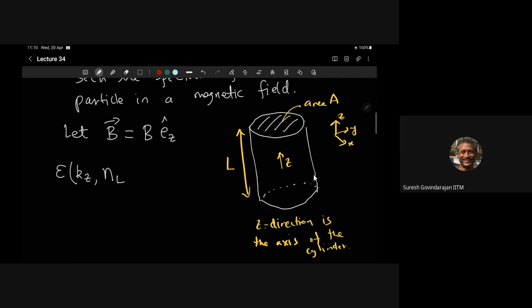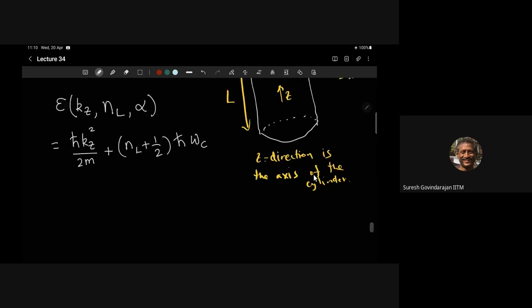And there are other parameters, alpha, on which the energy doesn't depend. And what is omega c? It is the cyclotron frequency. So what is the cyclotron frequency? eB upon m, right?